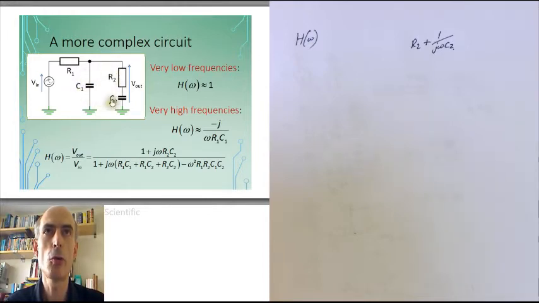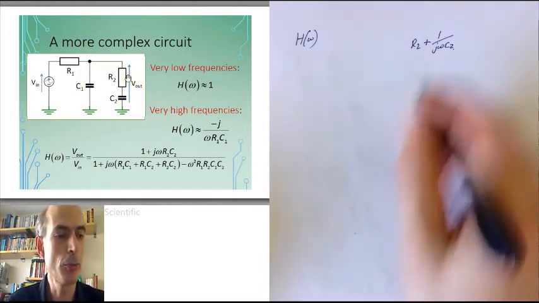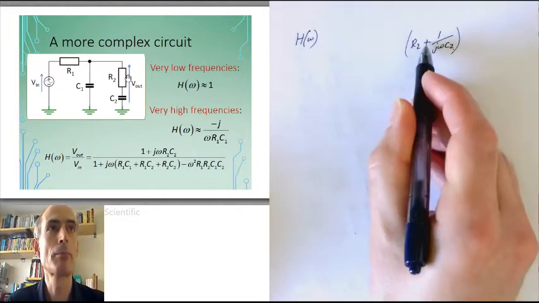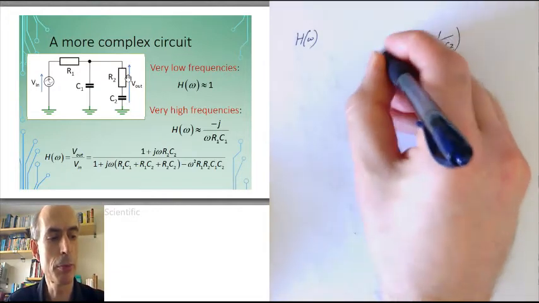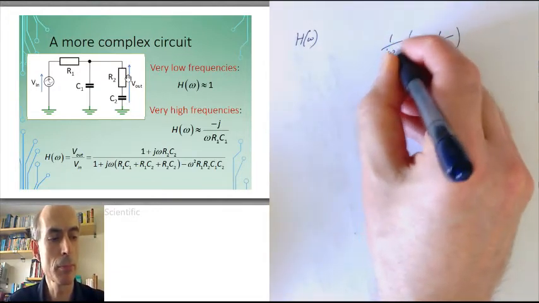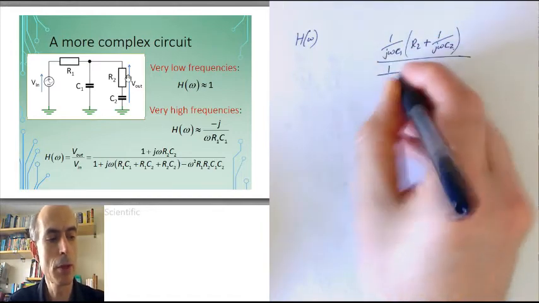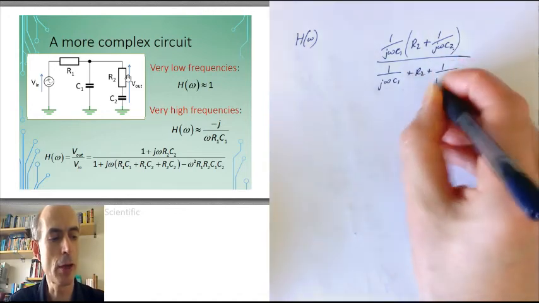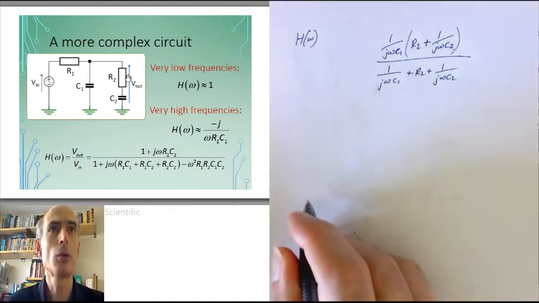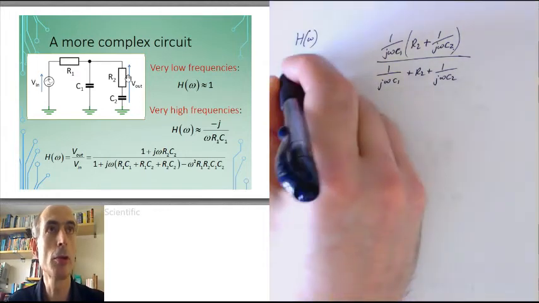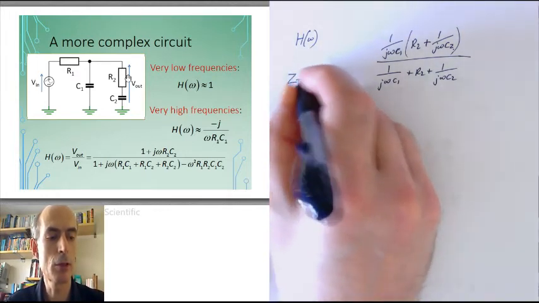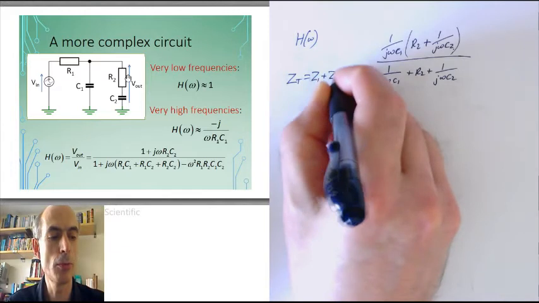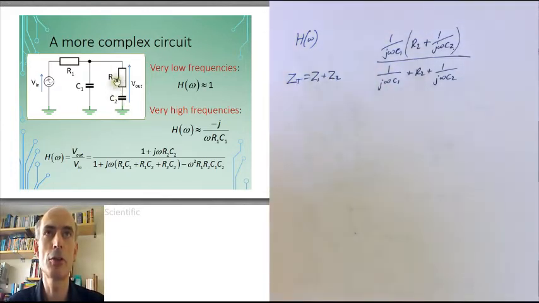So if I wanted to know what the total complex impedance of these three components here is, C1, C2 and R2, it would be this multiplied by the complex impedance of C1, divided by 1 over j omega C1 plus R2 plus 1 over j omega C2. And what I've done there is just use the rule Z equals Z1 plus Z2 for two series impedances.